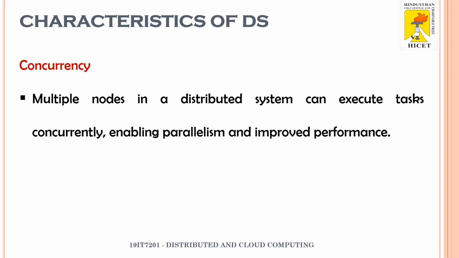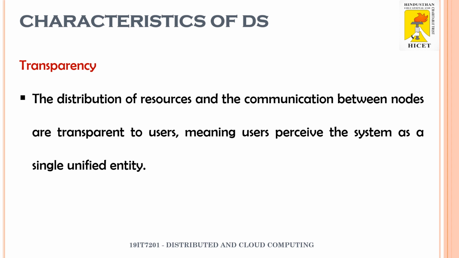It enables the multiple nodes to work in the form of parallelism, and we are also able to get the best performance compared with a centralized system or any individual host computer. The performance will be improved and parallelism also increased. So these are the important things about the first characteristic, concurrency.